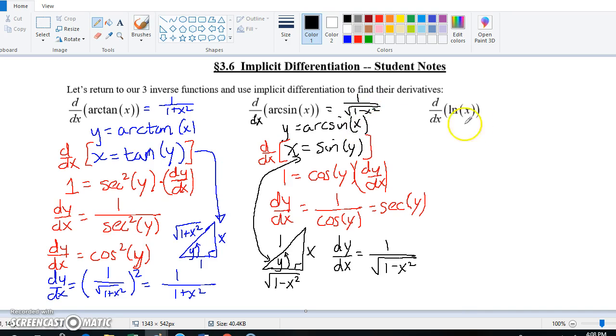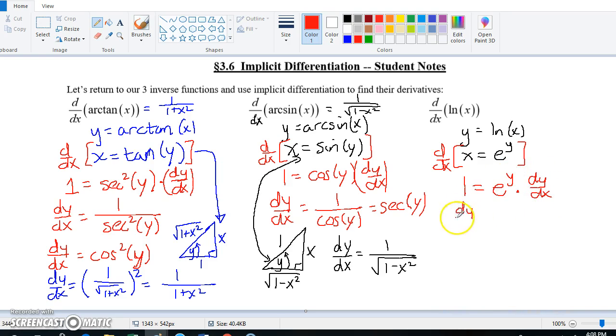All right, last one here. We have the natural log of x. We're going to say y equals the natural log of x. We're going to rewrite this and say x is equal to e to the y. We're going to differentiate both sides of the equation. 1 is equal to e to the y times dy/dx.